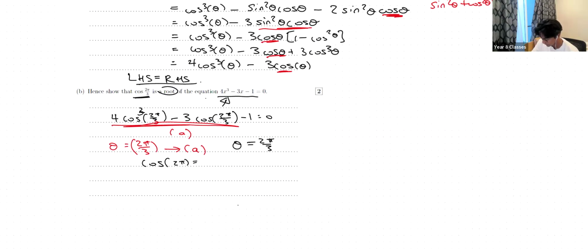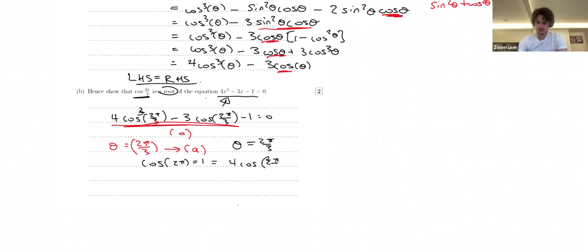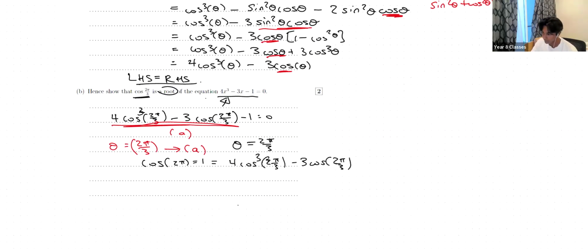So it's 4 plus 1. You don't need to evaluate this right-hand side. The reason we're even using part A is because we get this expression from plugging it in to see that it's a root.